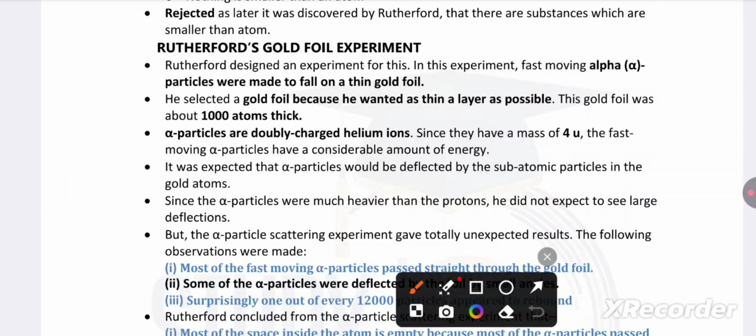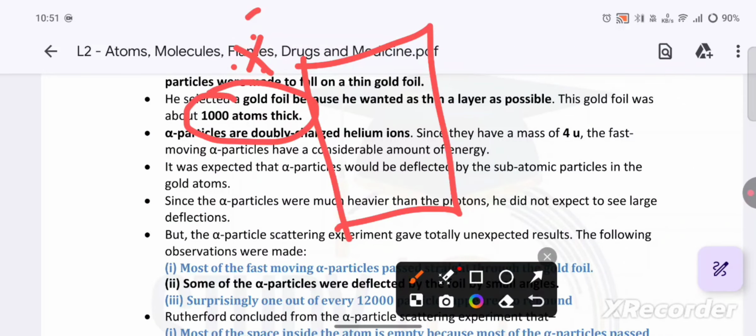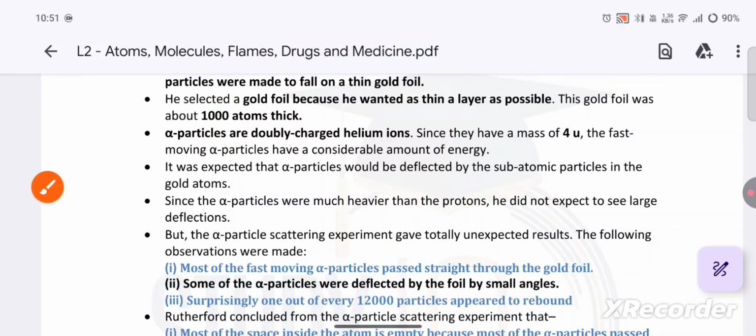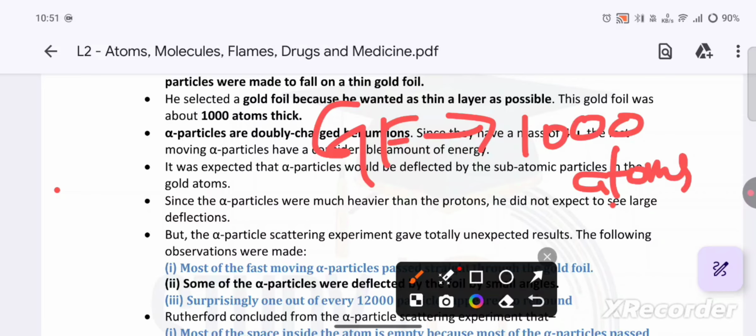He selected gold foil because he wanted a very thin layer. Gold foil is very thin. The gold foil was about 1000 atoms thick. Important.